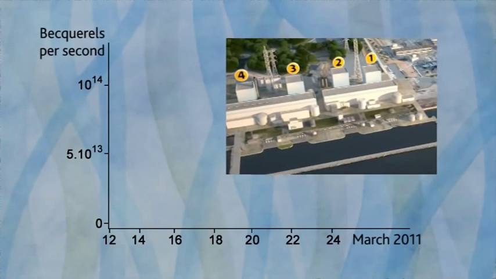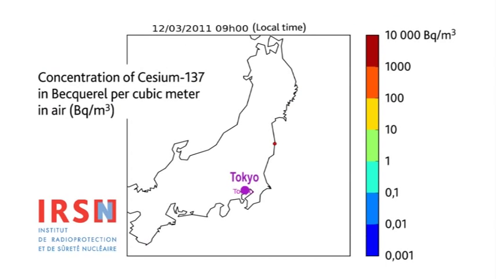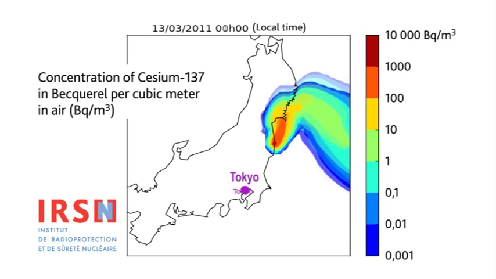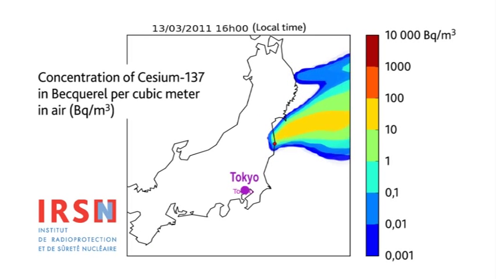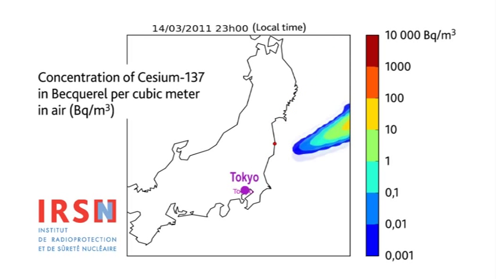On March the 12th, radioactive releases began due to an explosion and damage to the roof of a reactor building. Discharges continued for many successive releases, depending on the events taking place at the different reactors. From March 12th to the 14th, the first radioactive plume was carried by the wind towards the Pacific Ocean.